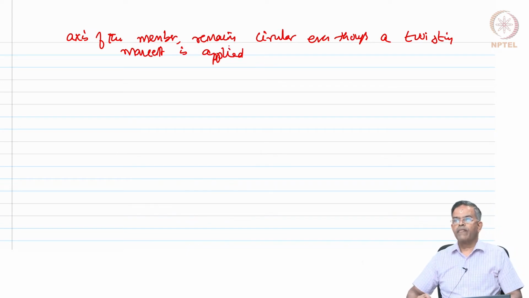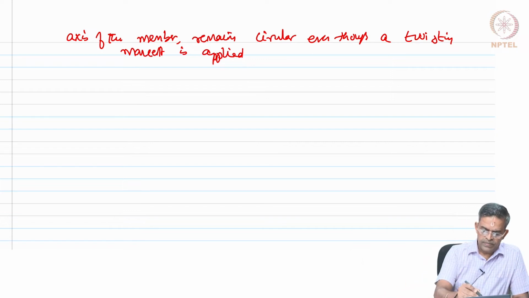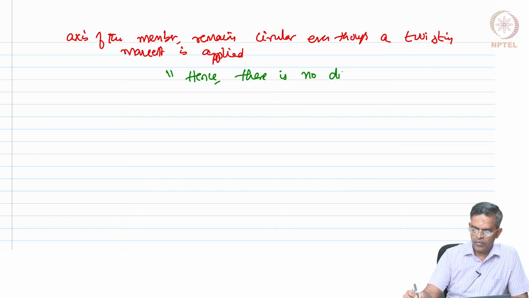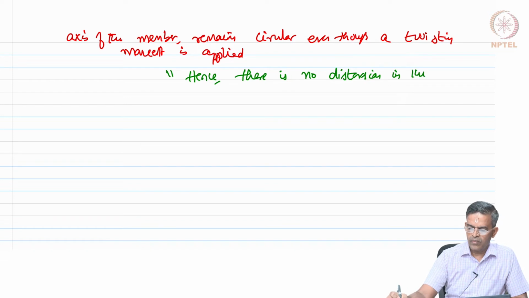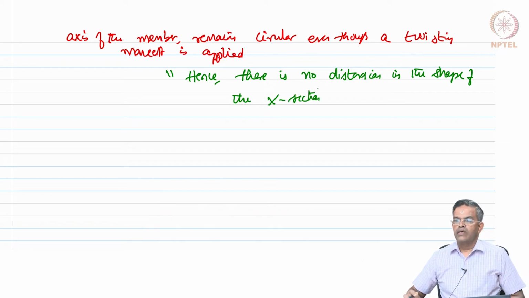So, there is no distortion in the shape of the cross section. Because the cross section initially was circular, later on also it remains circular even though it is subject to torsion at one end.